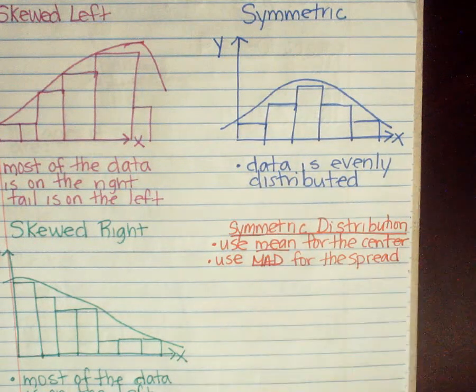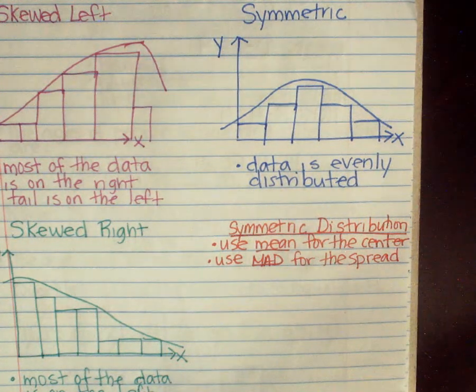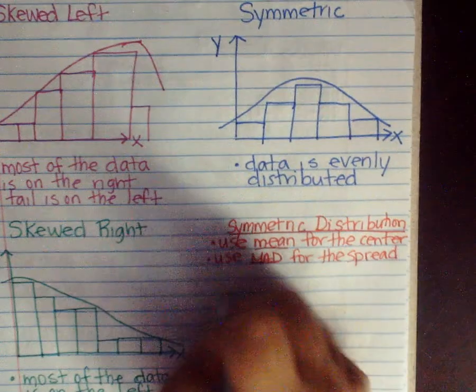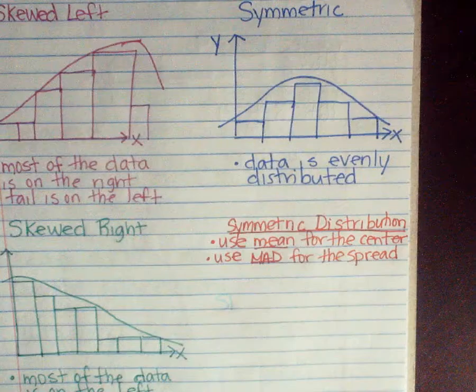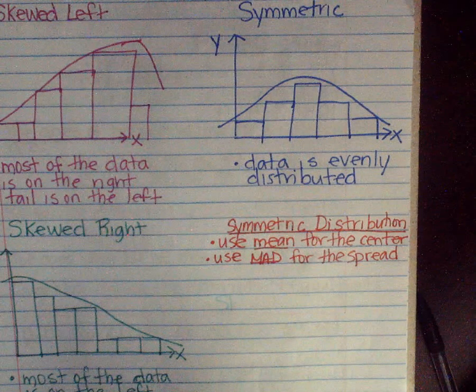And then here's what you do for skewed. If something is skewed, we're going to use a different measure. Let me change the color, a little bit too light. I'll use this one.